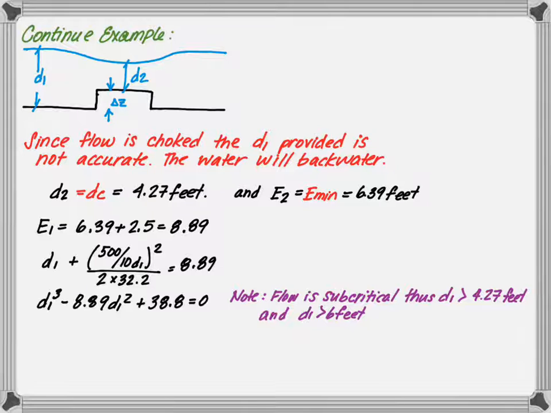So we can put this into Excel and use goal seek, making sure that our depth is greater than 6 feet. And we will get a depth of 8.23 feet. So you can see from this example, our depth, which we thought was 6 feet, is actually 8.23 feet. And the critical depth, or the depth at the step, is 4.27.